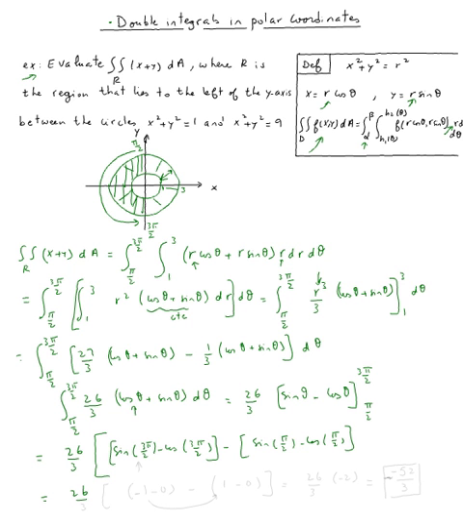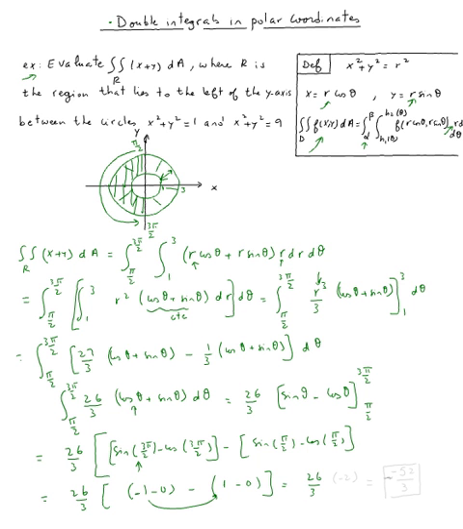This will be equal to 26 over 3 times: sine of 3 pi over 2 is negative 1, minus 0, minus sine of pi over 2, which is 1, cosine is 0. Minus 1 is minus 2.